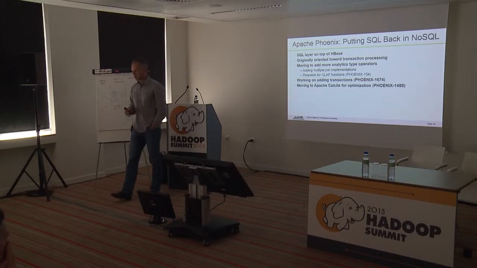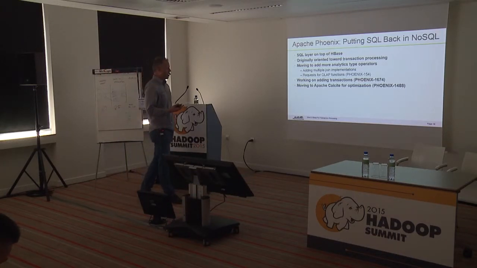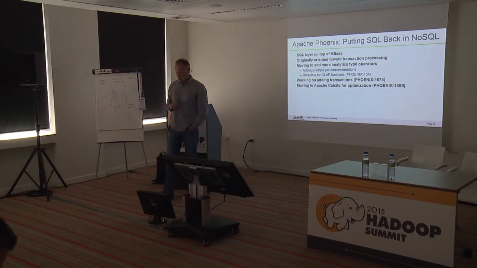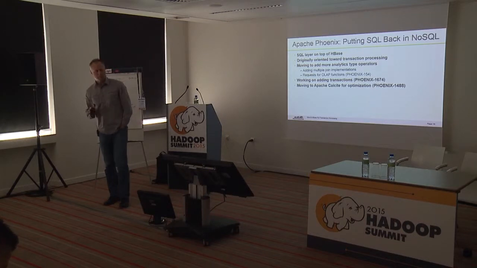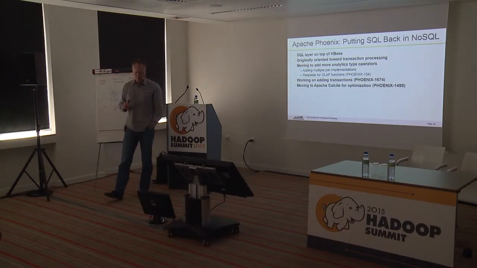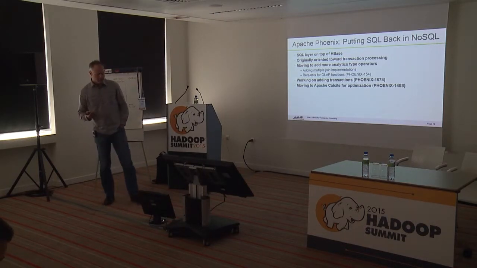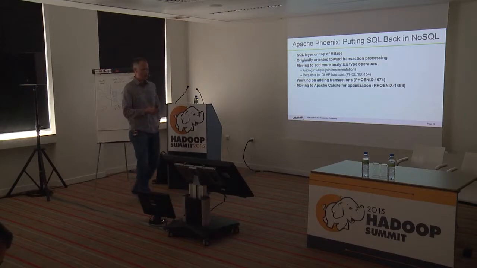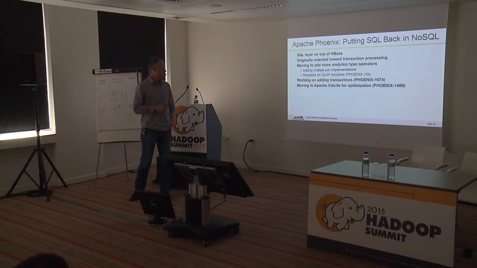So it's very good for fast lookup, fast update, fast writes, but it definitely puts a pretty low-level model onto its users. A lot of people want to continue to use SQL, and so that's what Phoenix is there for. The goal is to basically provide you SQL for transactional type processing in the Hadoop world.